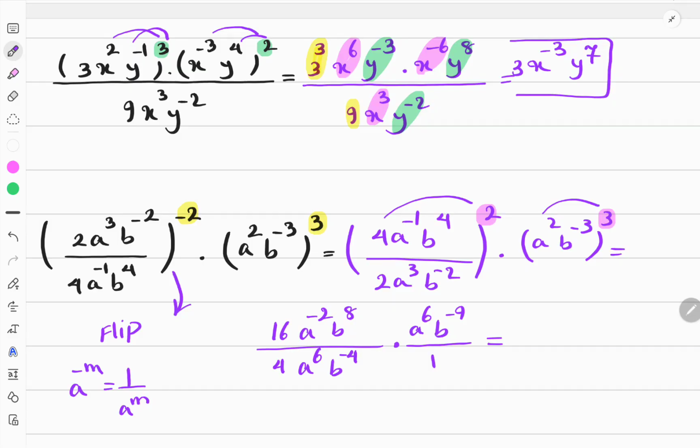Okay, so we can multiply numerators and then denominators.